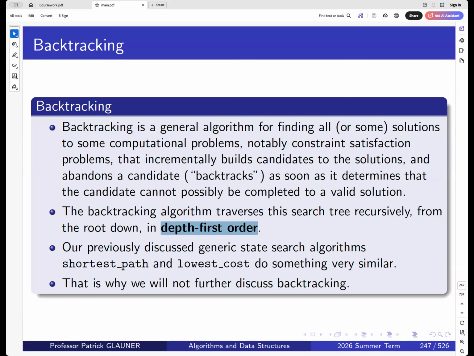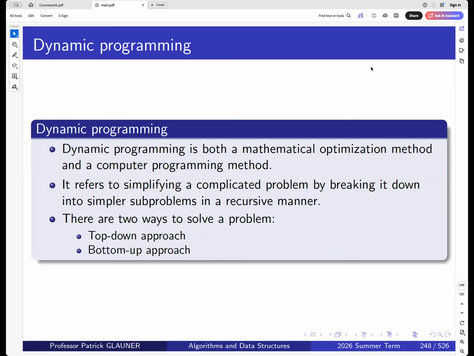So for now, you can just ignore this term and you can revisit it when we look into trees in one of the subsequent chapters. But in some algorithm classes, you may now see this very general backtracking algorithm. Here, we don't need to look at it because we've done something quite similar already with very generic algorithms, which are shortest path and lowest cost that we saw in the first week of the course.